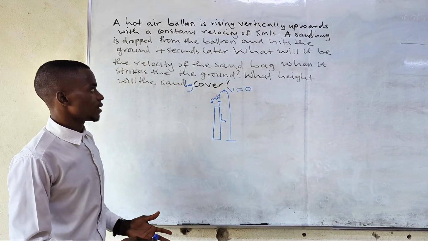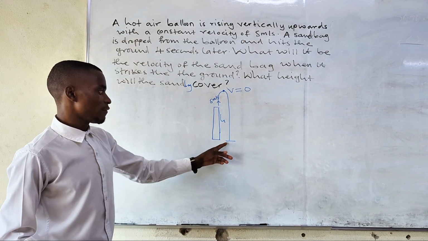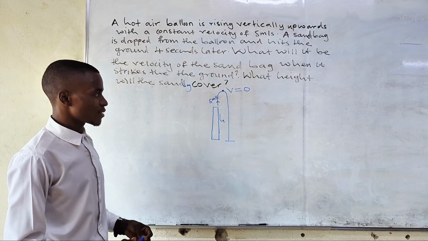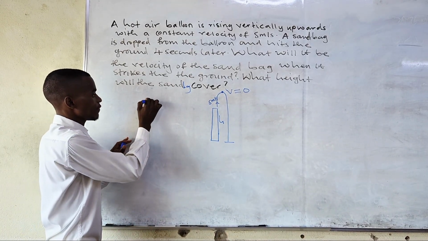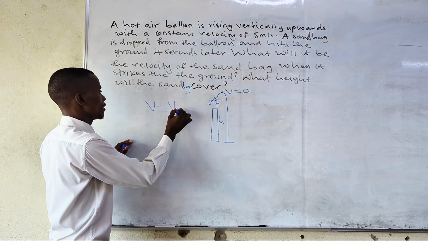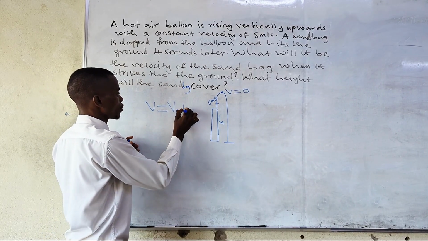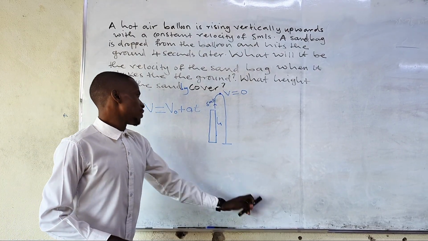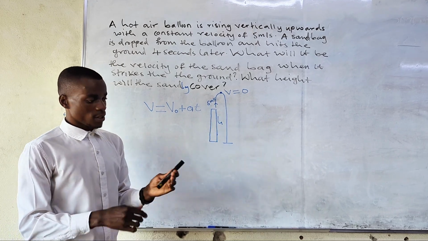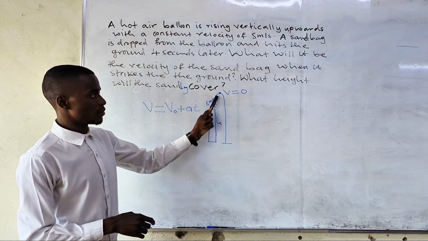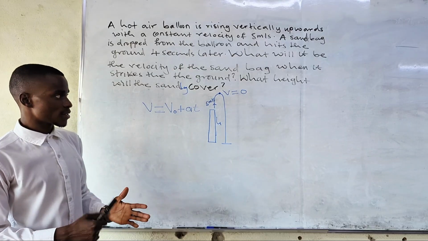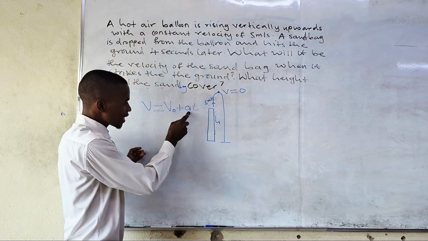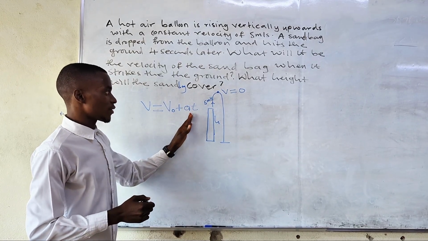So we are being asked to calculate the final velocity. How are you going to get it? Final velocity can be calculated in many ways, but in this case the best is to use the formula v equals v initial plus acceleration multiplied by the total time. Since this is free fall motion, gravitational acceleration is the only force acting on the object, so acceleration has to be gravitational acceleration.